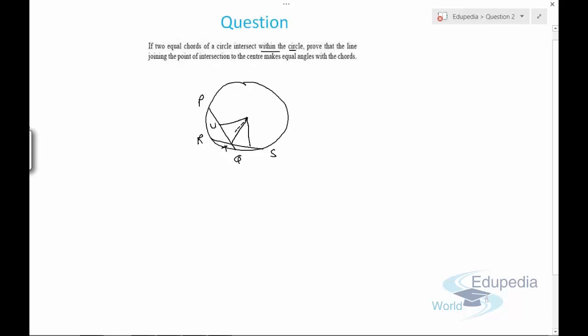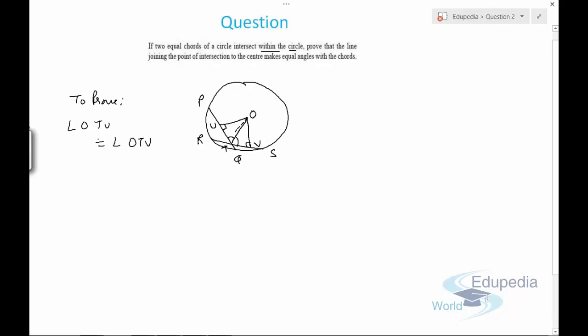Let's say this is U and this is V, right? Now let's say this is O, we need to prove that angle OTU, this angle, equals angle OTV.